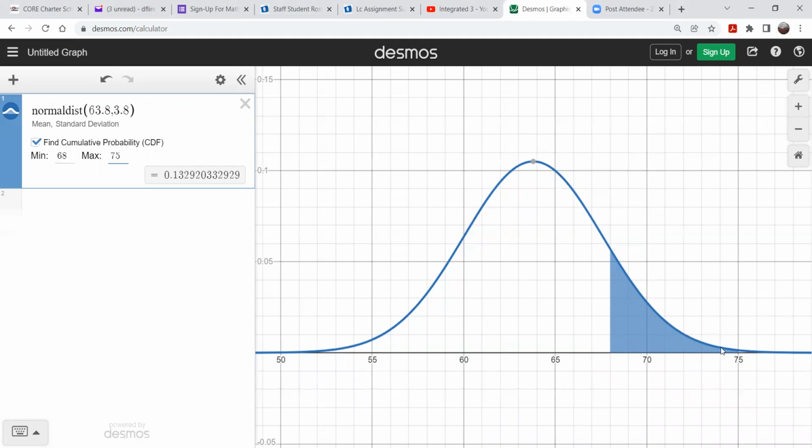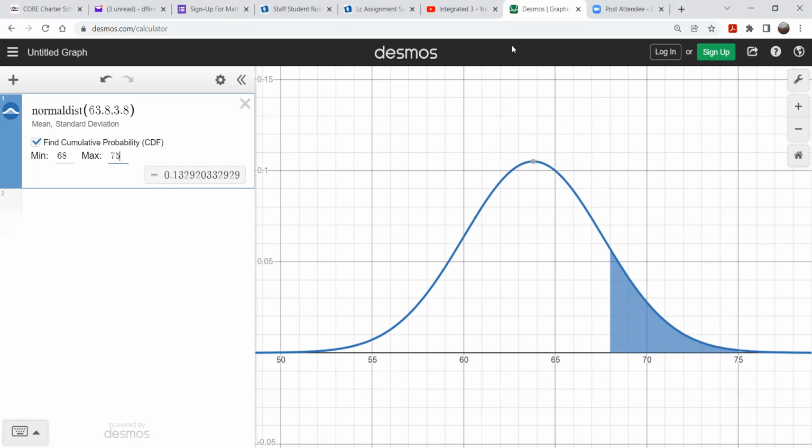It's shading in the area under the curve between 68 and 75. That's telling me what percent of the group of women, because these numbers are from the women, falls in the range from 68 to 75, and that's about 0.13, or 13%.